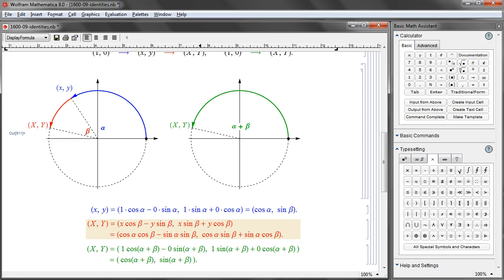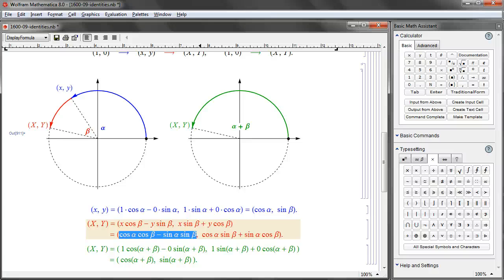Now let's compare that result, the red one, to the green one. This time we have cosine of alpha plus beta, sine of alpha plus beta. So cosine of alpha plus beta has to be the same as cosine of alpha, cosine of beta minus sine of alpha times sine of beta, which is precisely what we wanted to prove.